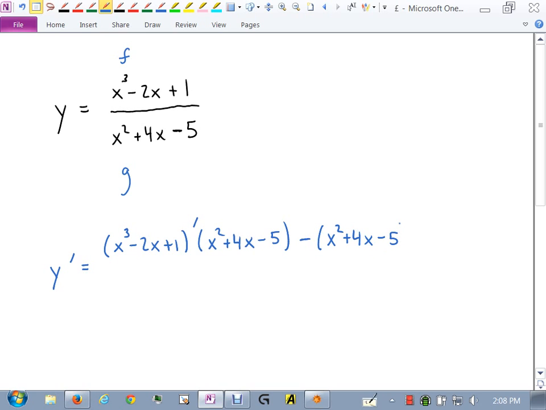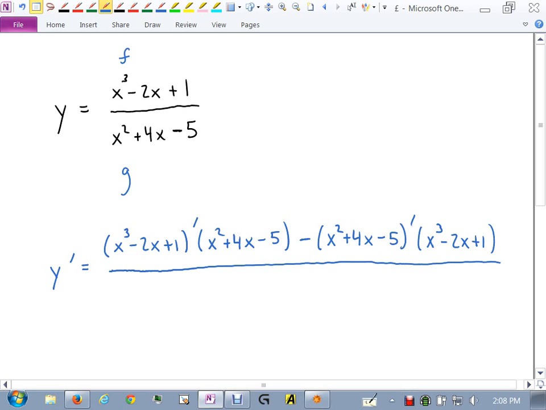I'm going to put the little prime mark on it, times f, x cubed minus 2x plus 1. All of this over, my gosh, all of that over, the division bar was long, right? And x squared plus 4x minus 5, that quantity squared.